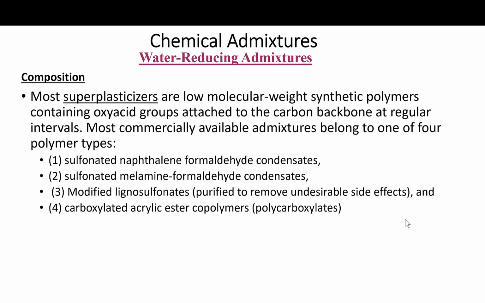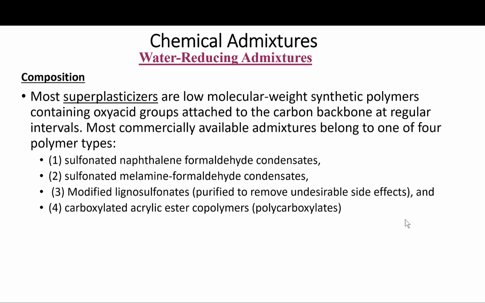The first one is the sulfonated naphthalene formaldehyde condensates. The second one is the sulfonated melamine formaldehyde condensates. The third one is the modified lignosulfates, which is purified to remove undesirable side effects. And the fourth one is the carboxylated acrylic ester copolymers, or otherwise polycarboxylates.